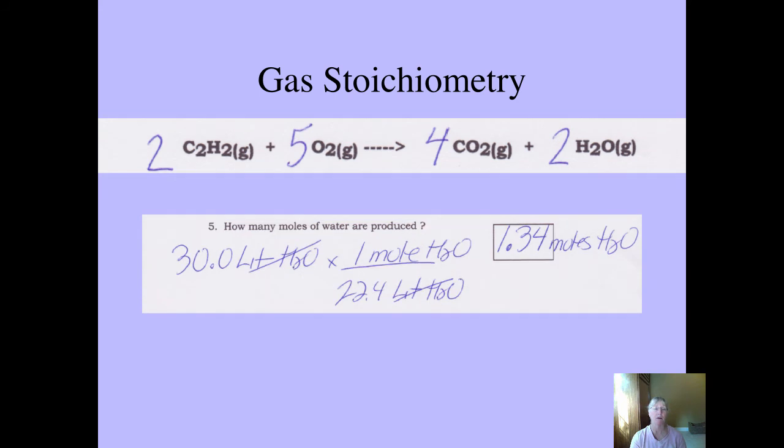Problem 5 requires that you turn 30 liters of water vapor into moles. Once again, use the molar volume. 1 mole of water vapor occupies 22.4 liters of space. So essentially you divide 30 by 22.4 and we get 1.34 moles of water vapor.